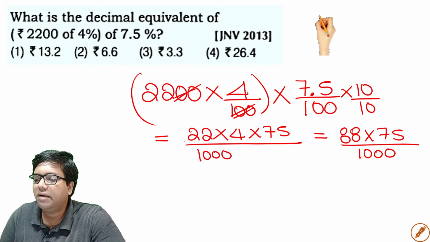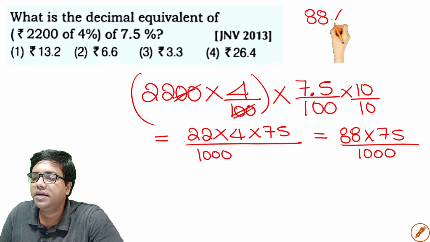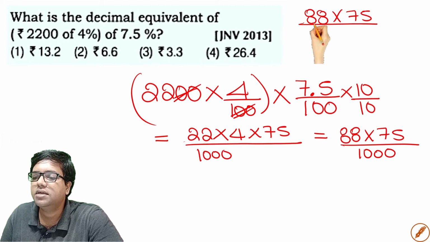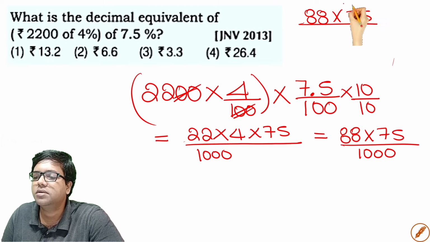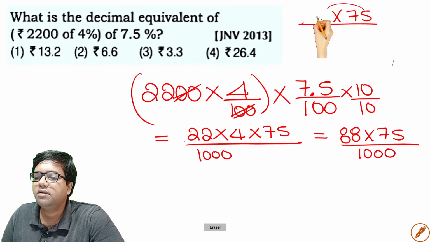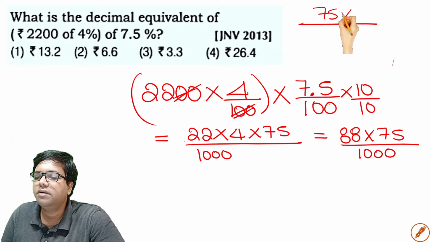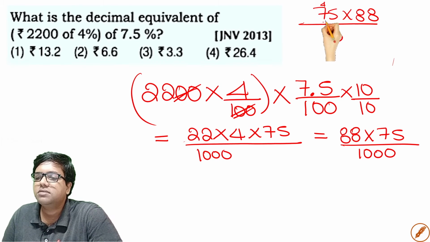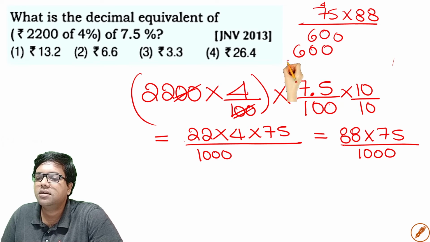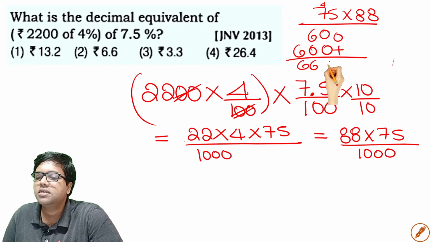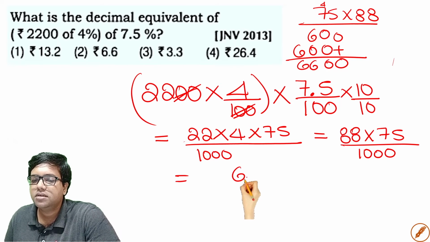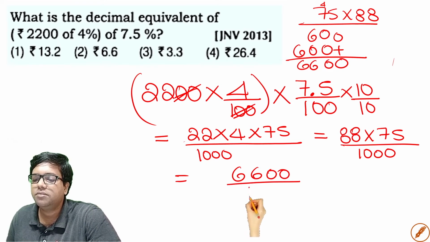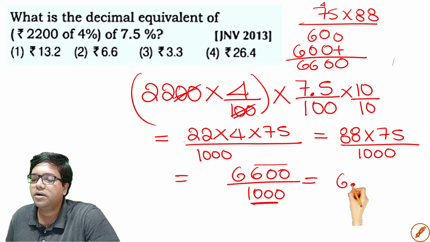I will do the calculation on the side, multiplying 75 with 88, which will reduce my work. 8 5s are 40, 4 carry over, 8 7s are 56 plus 4 is 60. This will give me 6600. 6600 divided by 1000: 3 zeros are there, so after 3 digits there will be a decimal point, and that gives me 6.6.